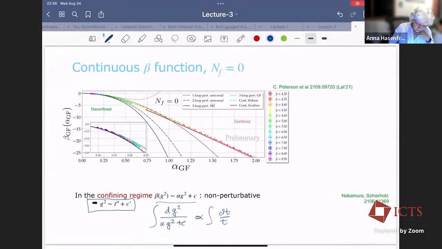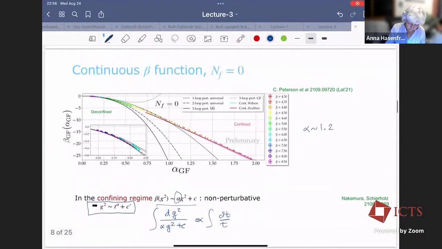If you look at this plot here, you don't see it, but I will tell you that alpha, this constant here, is close to 1, not quite 1, it's around 1.2. So can we understand why? Is there any physical meaning why the beta function is linear, or why g squared scales as T almost as a homogeneous function of T?